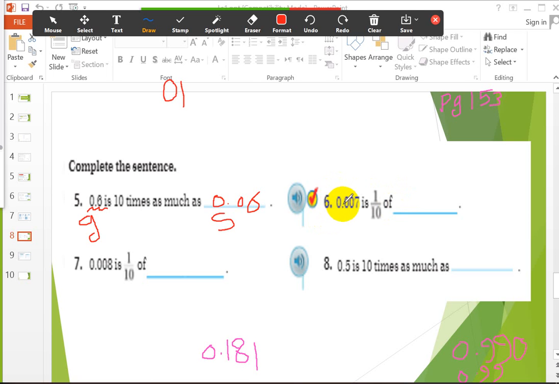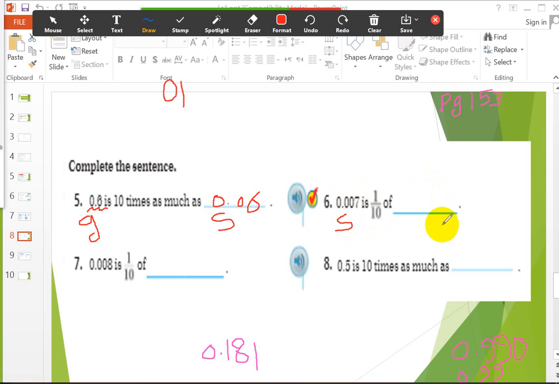So 0.7 thousandths is 1/10 of a number. So that means this number is 1/10, which means what? It means this number is smaller by 10 times than a number. So this is the smaller number.